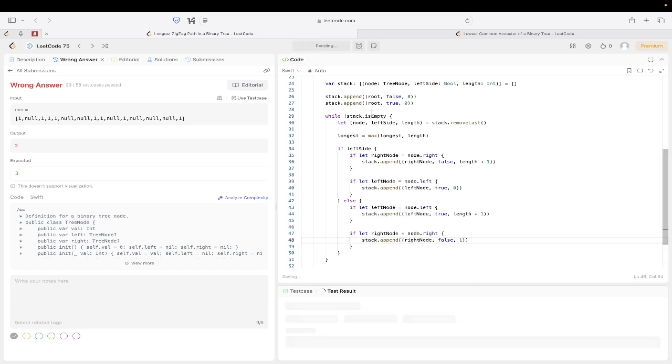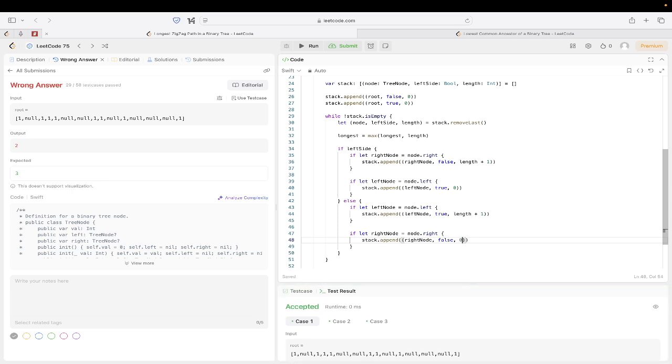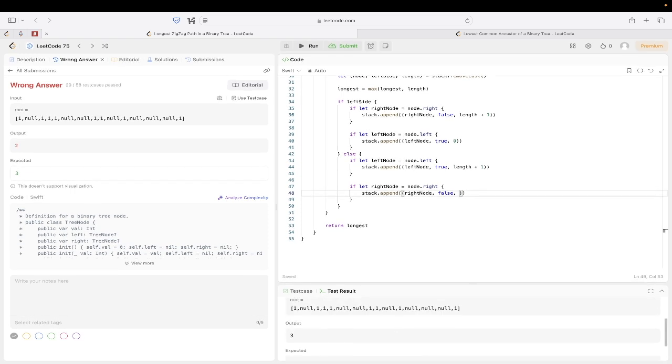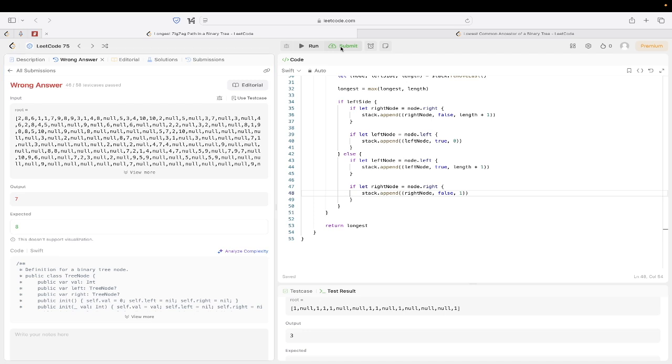Let's try this. Wait, that actually worked. Okay, 46 out of the 58 test cases.